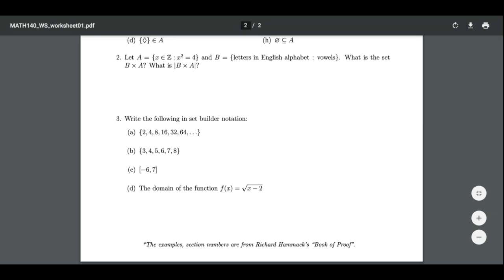Right, think again, think more. You see the first one, or you want to see x raised by 2? Keep thinking. You're almost right. But the x is not in Z.